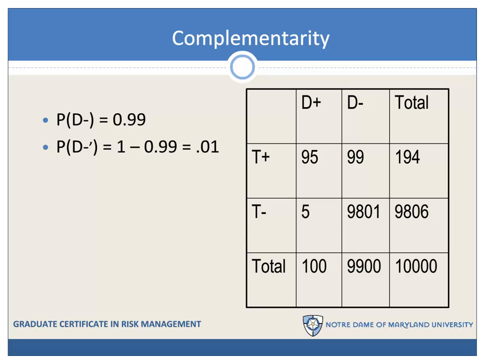In this case, however, it's 1 minus 0.99 or 0.01. You could derive that by identifying all the outcomes that are not the event. In this case, disease positive is 100 out of 10,000, and that would get you the same answer.